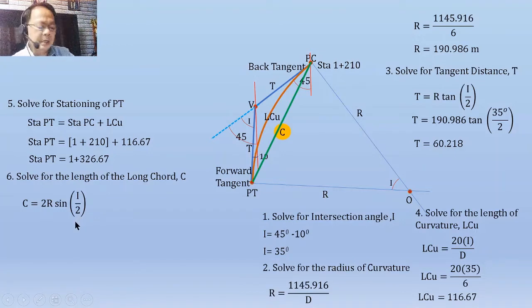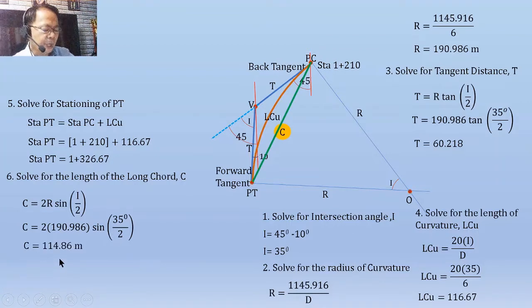Substituted with the values of R and I, C is equal to 2 multiplied by 190.986 times sine of 35 divided by 2, giving us a value for C equal to 114.86.